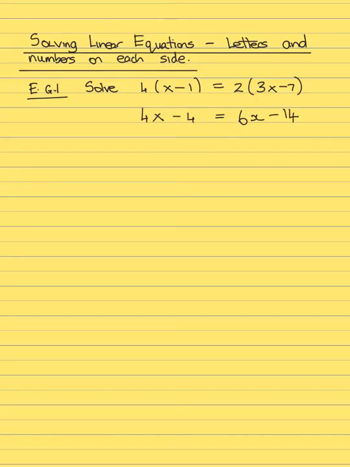And we notice that we have x's on both sides and numbers on both sides. And we want to have the x's on the left and the numbers on the right.